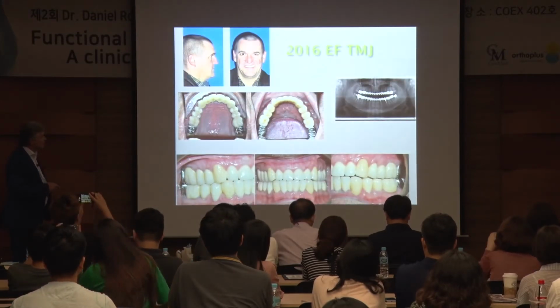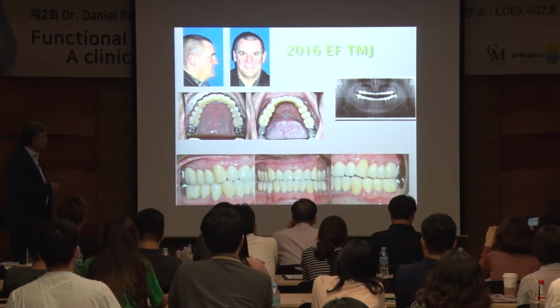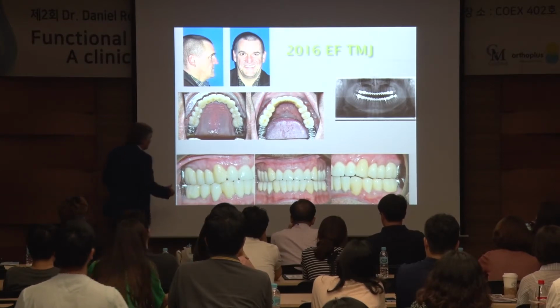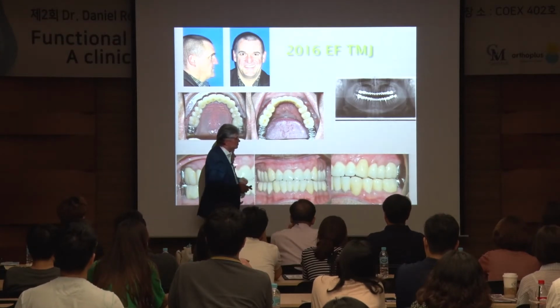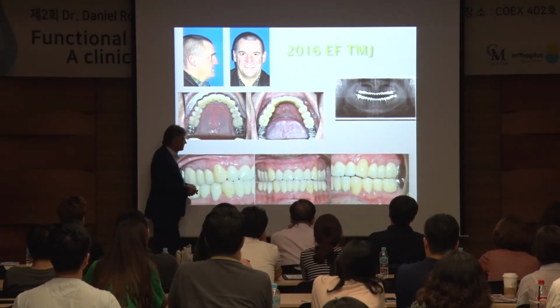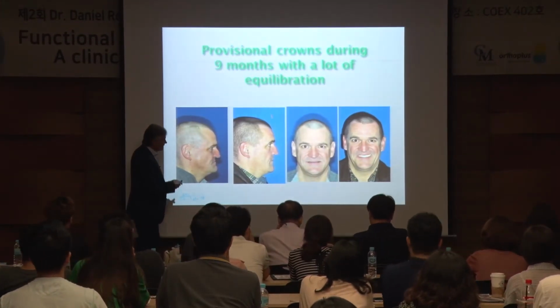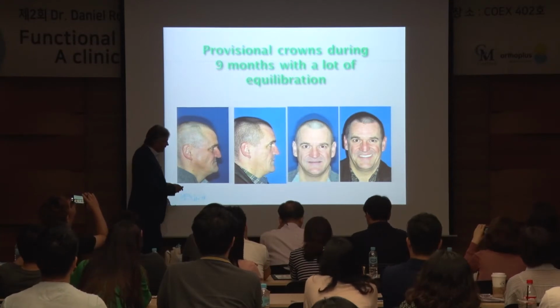And we made EFTMG, used EFTMG all during his reconstitution. This is not ceramic, it's something, I don't remember the name. I'm not sure that he says now he doesn't brux, and I'm not sure for that in the future, because we don't have anterior guidance. We made something relatively flat, but we increased the lower height.